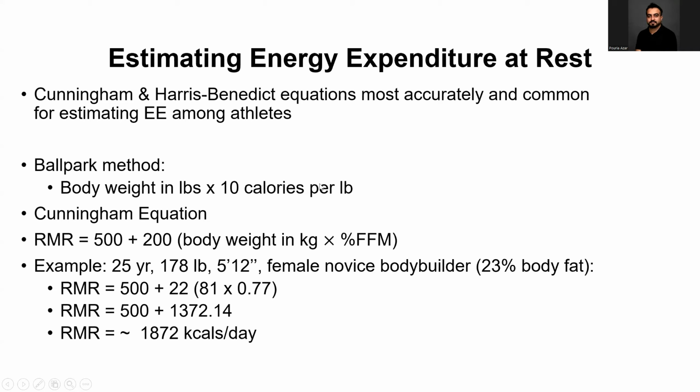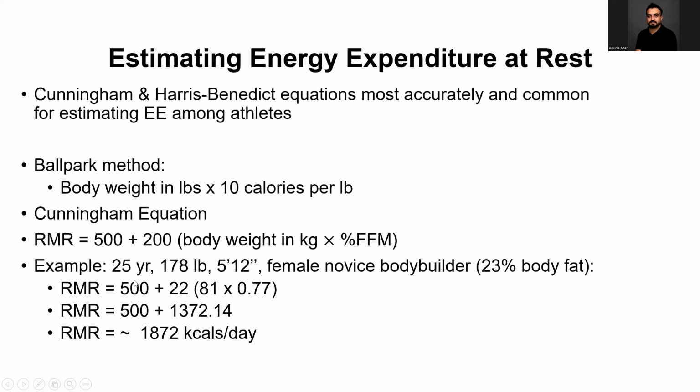This is also another simplified method. We have the Cunningham equation, it's 500 plus. There's a typo here, I guess. This should be 22, and body weight in kilograms multiplied by fat-free mass percentage. So this is 22, not 200.